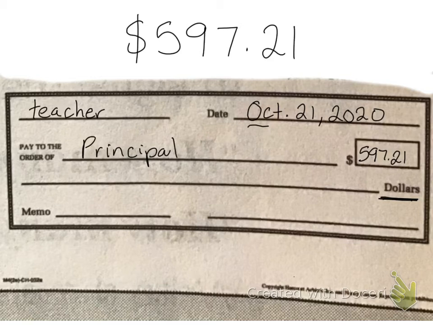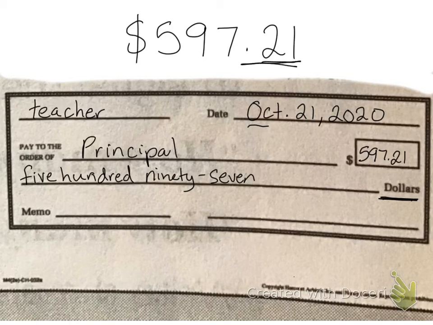Okay. All right. Then on the next line, you see the line ends in dollars. So we're going to write in words this amount. So I'm going to write 590-7. Okay. And now I have some money. Now, instead of writing 21 cents like this, we're going to write it as a fraction.